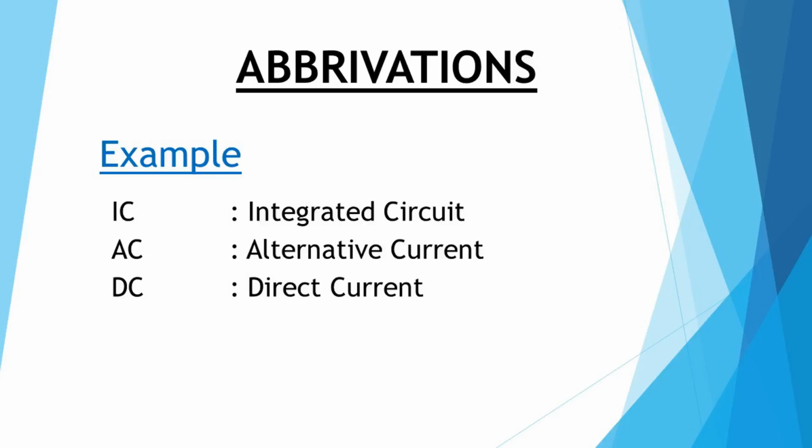Like IC means integrated circuit, then AC means alternating current, DC means direct current, and TX stands for transmitter, then RX stands for receiver, and so on. You have to write whatever abbreviations you used in your final year project report. So basically you can write the short forms of technical terms here.